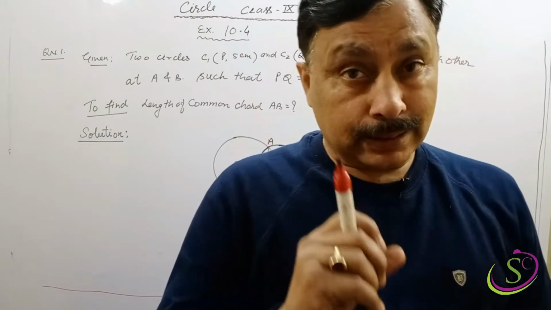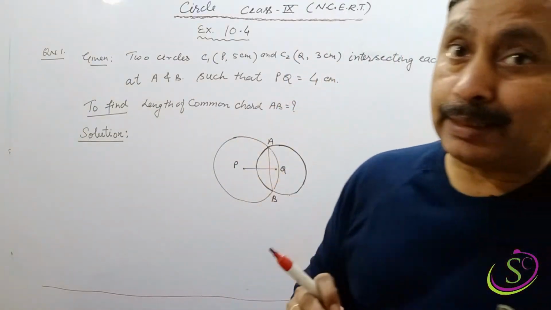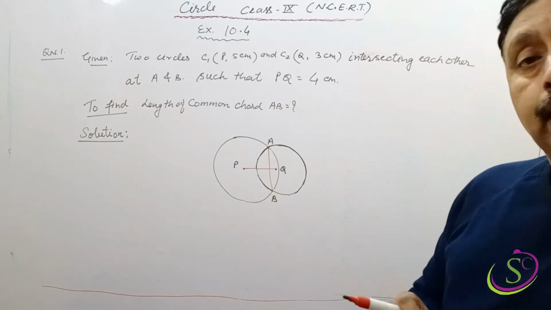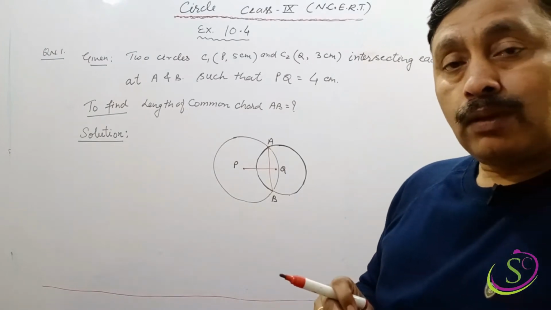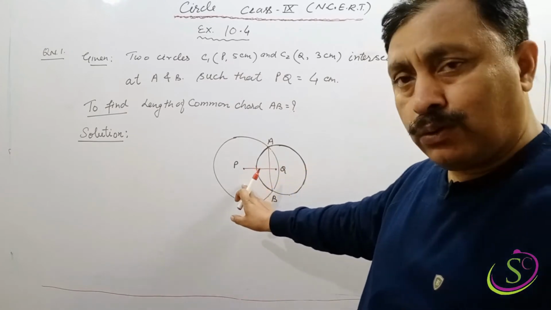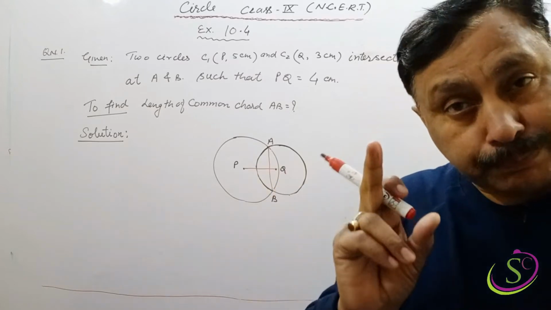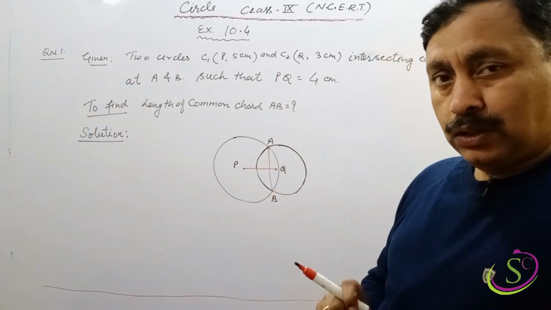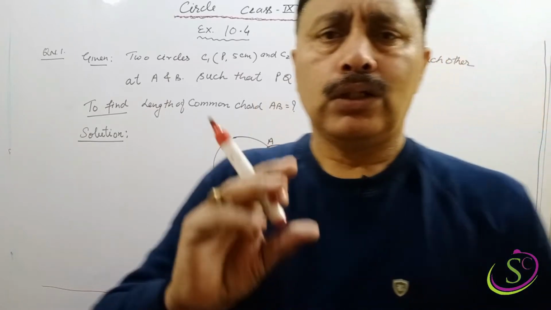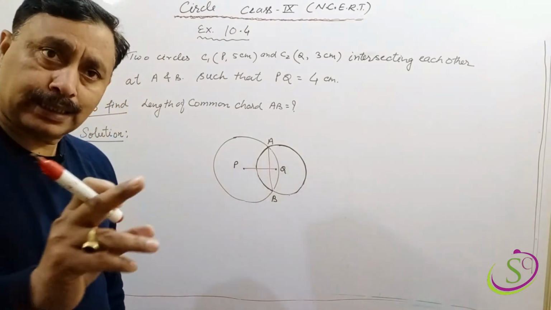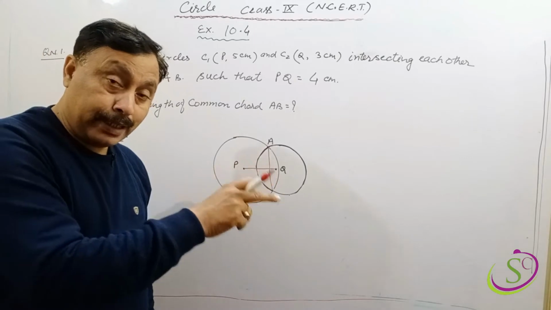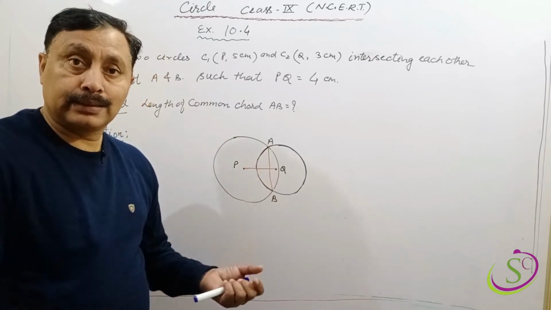Question number third from exercise 10.3. If we see it again, what was the question? That line joining the centers of two circles is perpendicular bisector of the common chord. Once again, third question from exercise 10.3. We are taking the statement of that question as a formula.